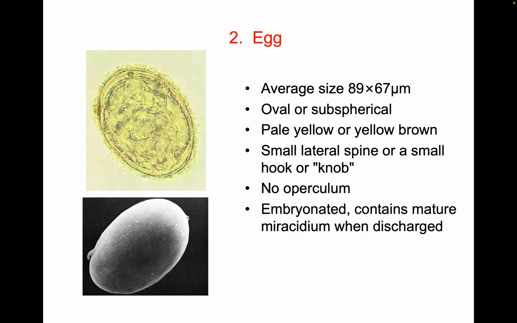This picture is showing the Schistosoma japonicum egg. For this one, the egg is oval or spherical, and is pale yellow or yellow brownish in color, and there's a small knob, and inside there is a mature miracidium, and it's embryonated.